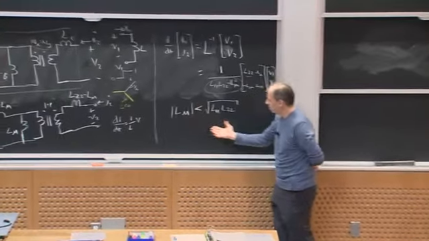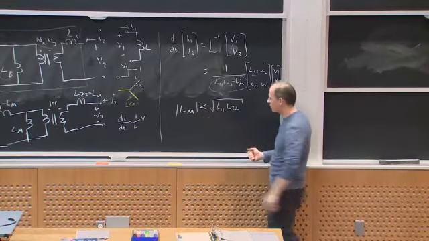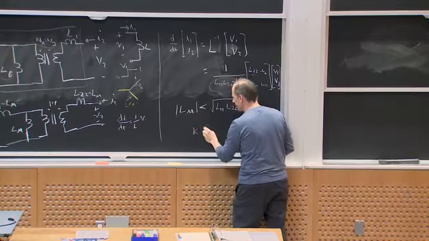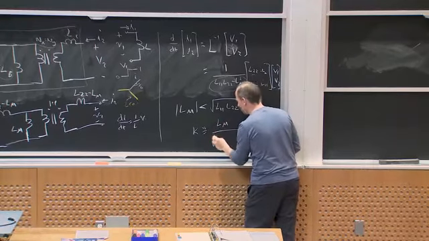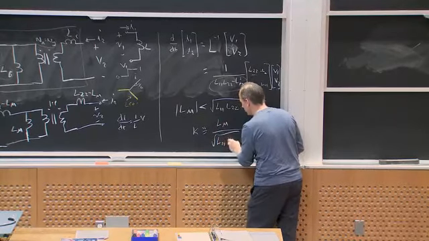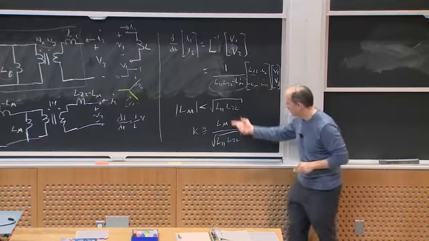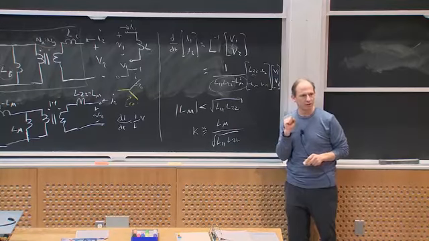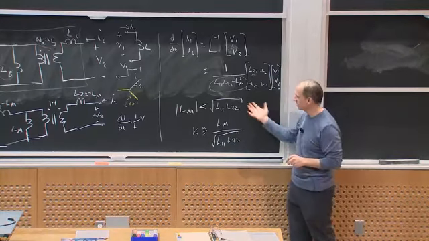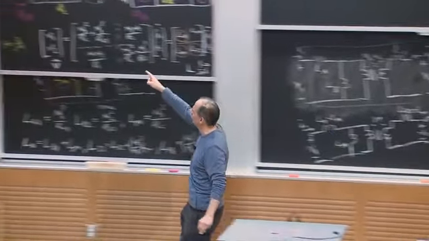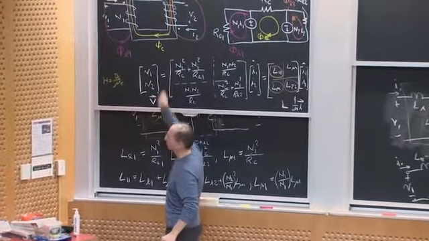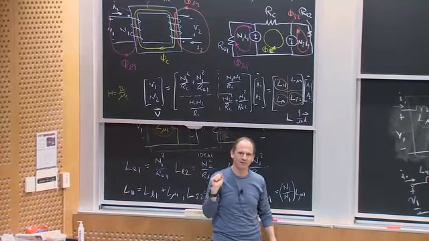Sometimes we define a coupling coefficient K, and K is defined as equal to Lm over the square root of L11 L22. Okay? Lm being equal to the square root of L11 L22 is basically perfect coupling. What does that mean? That means there is essentially no leakage flux. All the flux in the primary is linking the secondary. Okay?